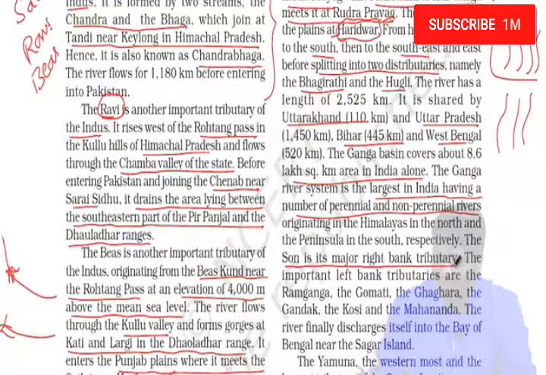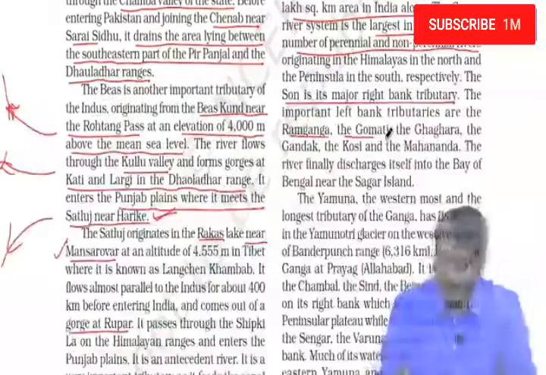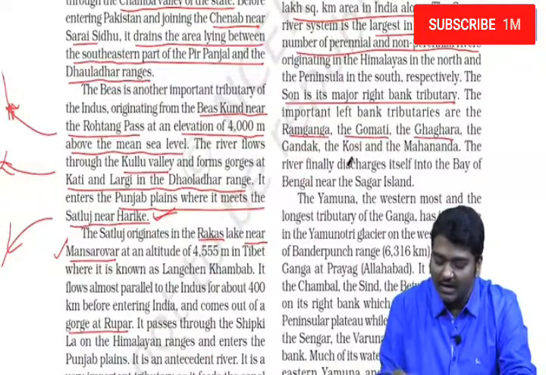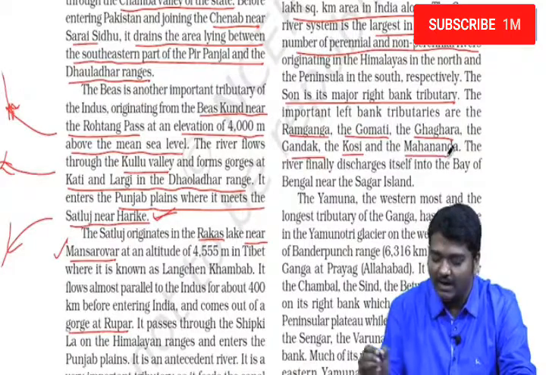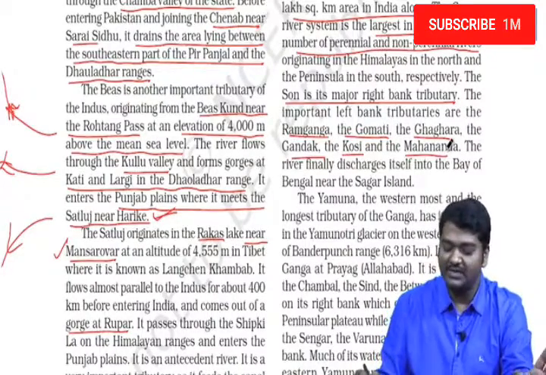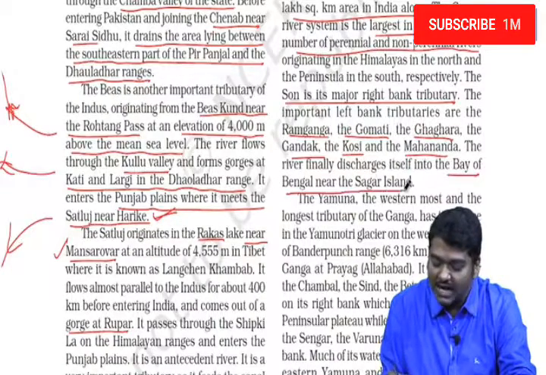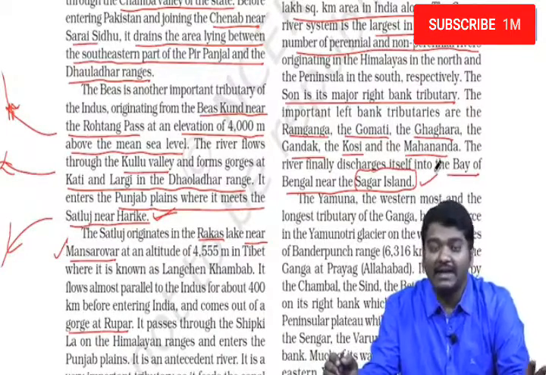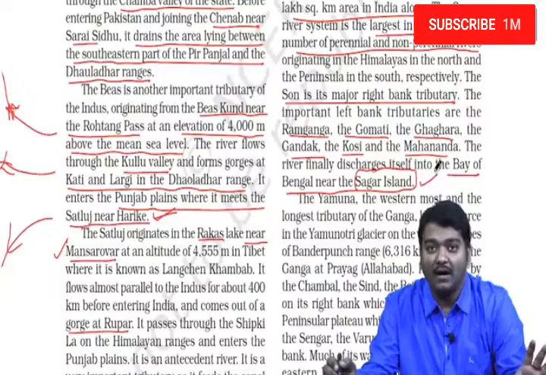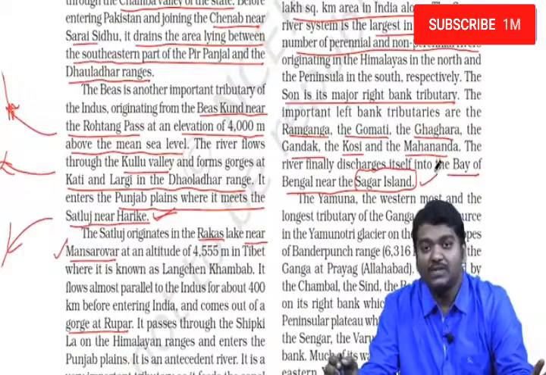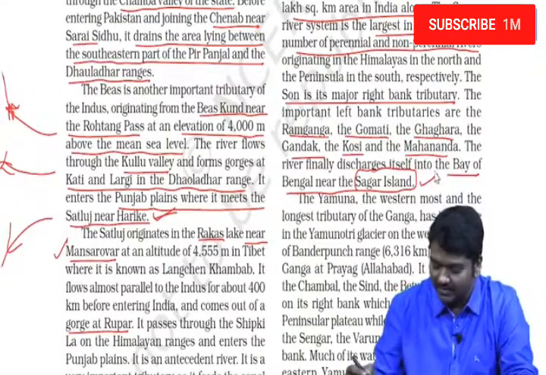The important left bank tributaries are Ramganga, Gomti, Ghagra, Gandak, Kosi, Mahananda. Very, very important. The river finally discharges into the Bay of Bengal near Sagar Island. UPSC may ask you a question about Sagar Island: where exactly is Ganga discharging? It is near Sagar Island.